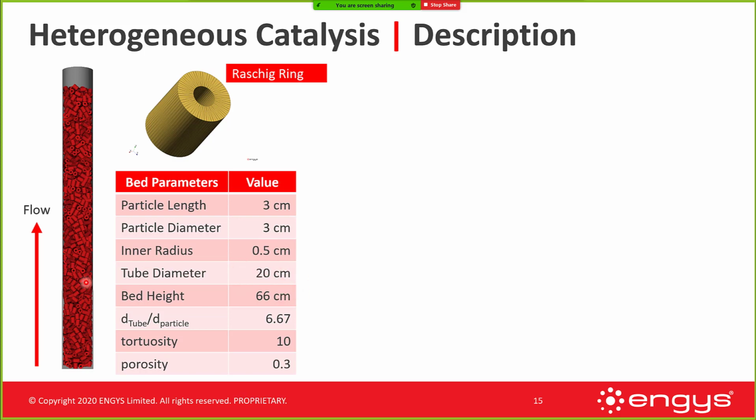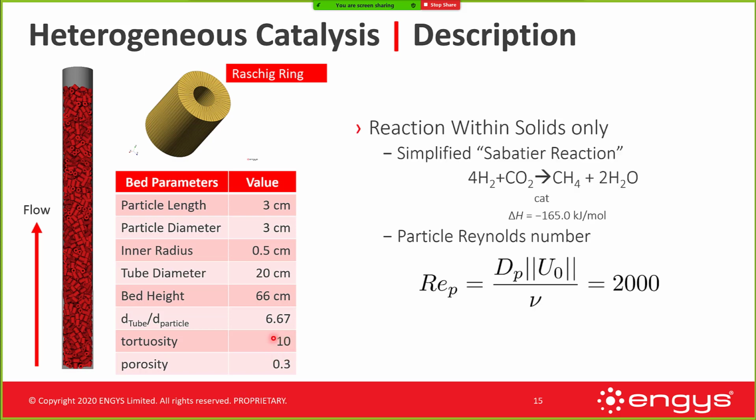The bed height is greater than 1 meter, but for the sake of not going through a lot of HPC resources, I did about half of this bed, and an arbitrarily chosen tortuosity of 10 and a porosity of 0.3. So these are realistic, but it's a very complex structure inside of this porous media. So we expect to see some interesting results.